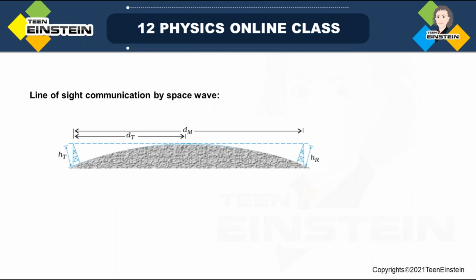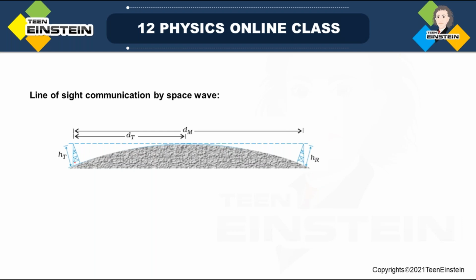Now look, this is the range. Now we can find out the maximum range of space wave propagation between two antennas on the earth surface. A space wave travels in a straight line from the transmitting antenna to the receiving antenna. So I have taken two antennas over this figure. You can see there are two antennas.